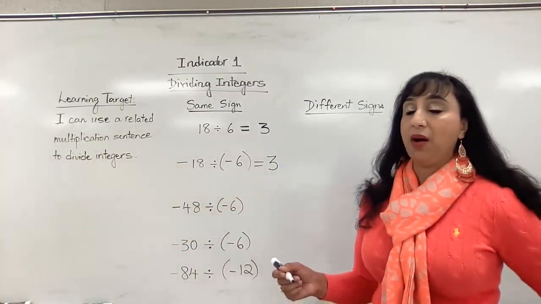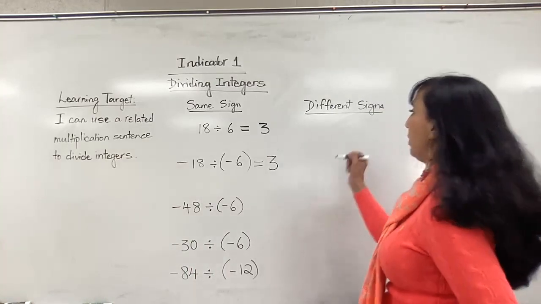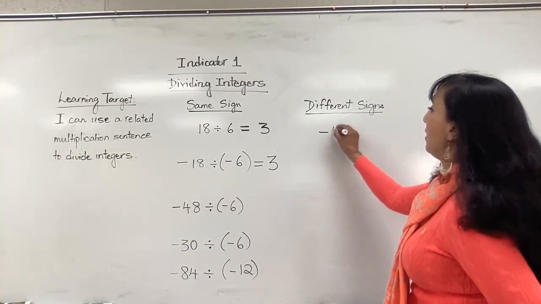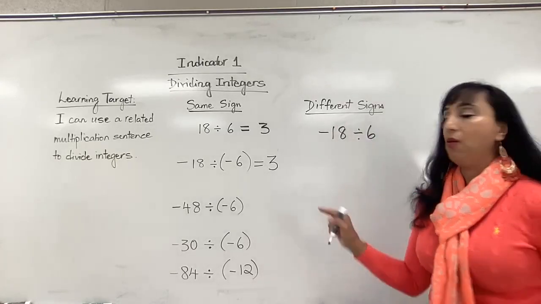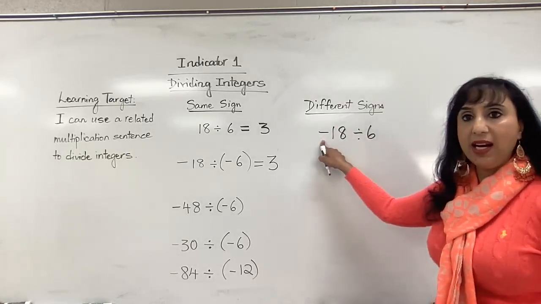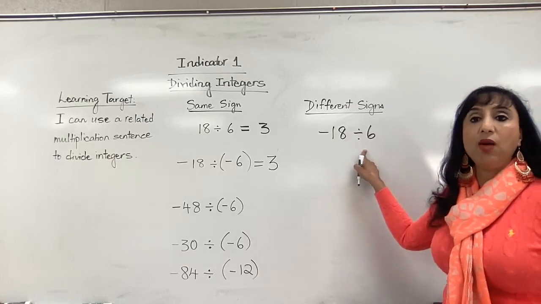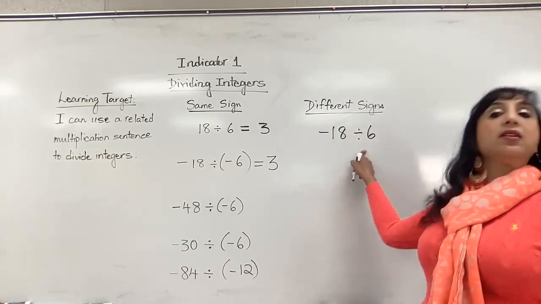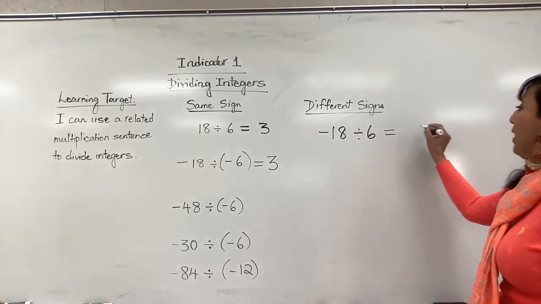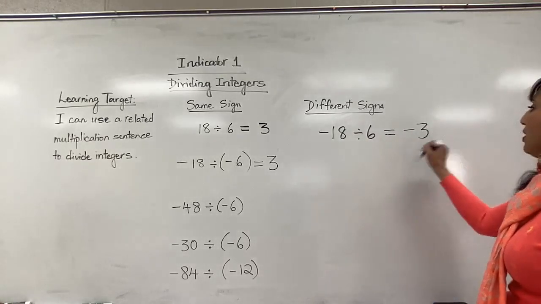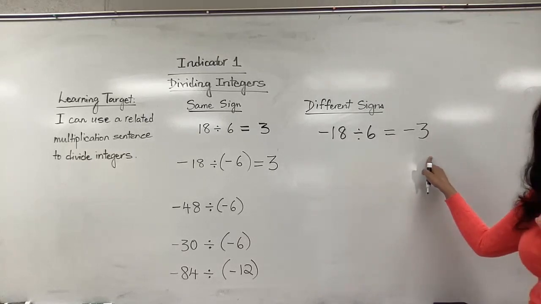Now, when I say different signs, this is what it means. If I say negative 18 divided by 6, now I have a negative sign here, and there's no sign here, which means it's positive. So a negative divided by positive, I am going to get a negative quotient. So this is negative 3.